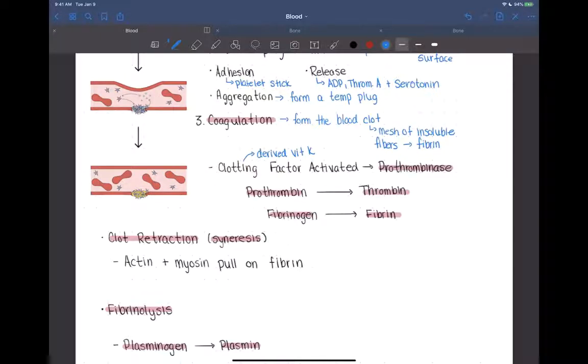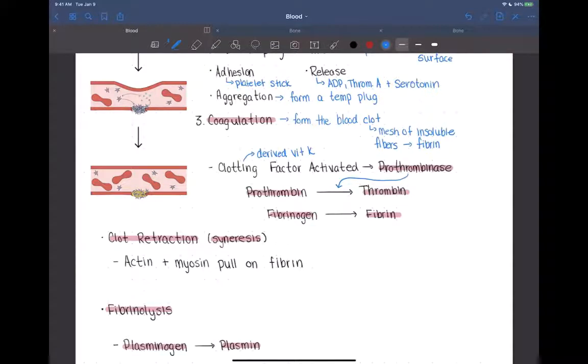So prothrombinase has been activated by any number of these signals that signal damage to surrounding tissues or the blood vessel. Now that prothrombinase is going to activate the next step. It will cause prothrombin to be converted into thrombin, its activated form.